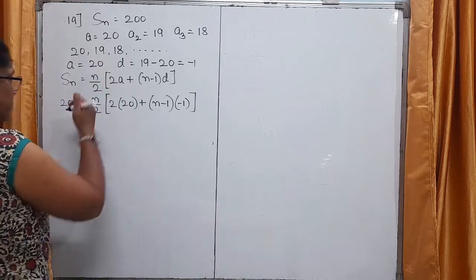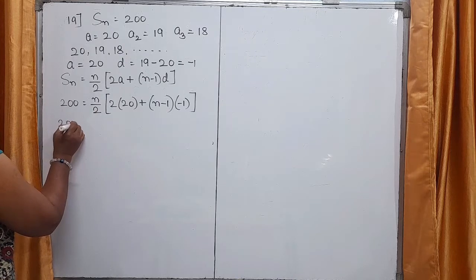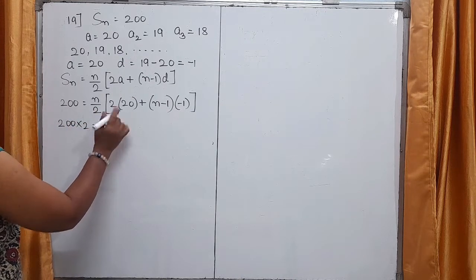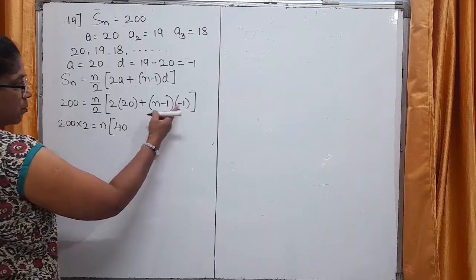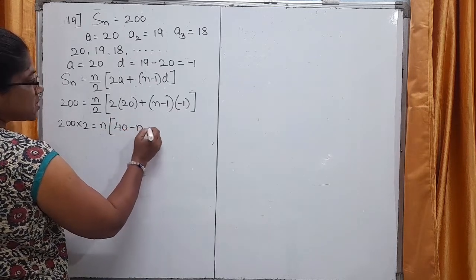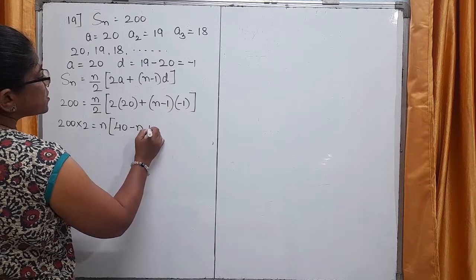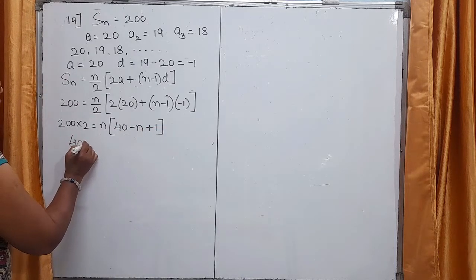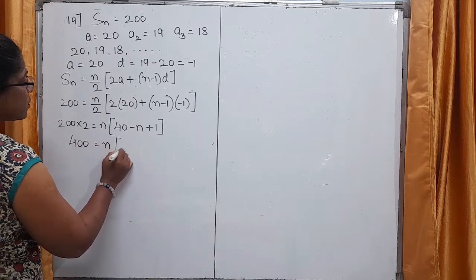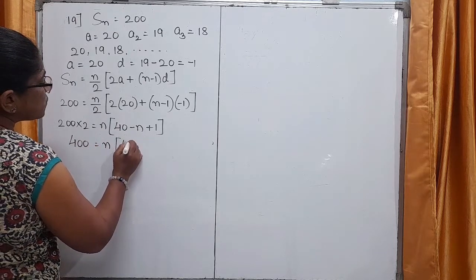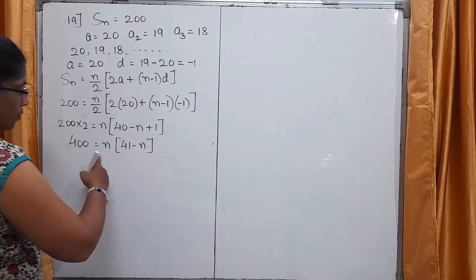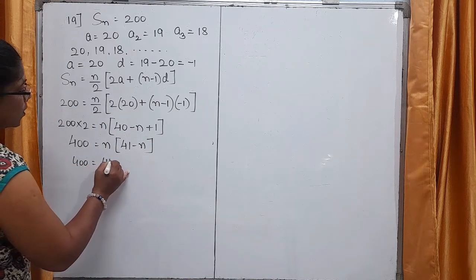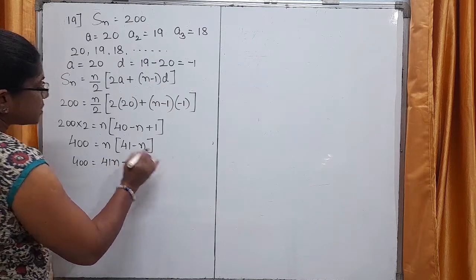Let us cross multiply here. 200 into 2, 400, is equal to n into the bracket 40 minus 1 into minus n plus 1. 40 plus 1 is 41 minus n. Now we have to multiply this. 400 is equal to 41n minus n square.